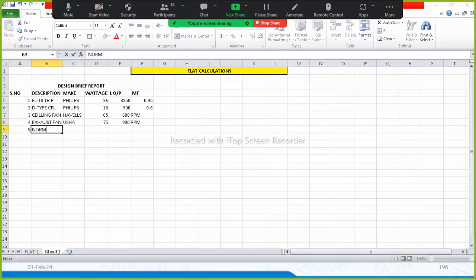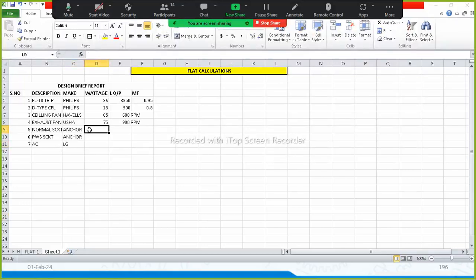Next, normal sockets, Anchor. Sixth is power socket, same Anchor. The next, seventh one is AC, air conditioning, LG.